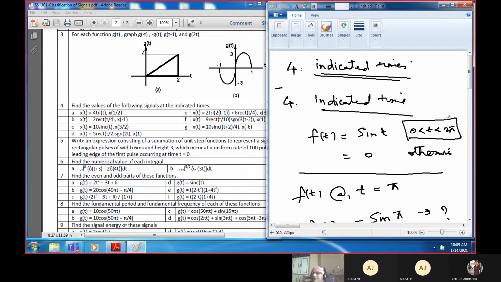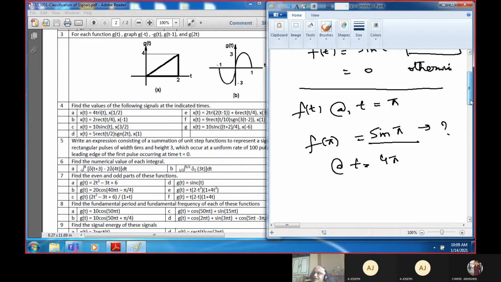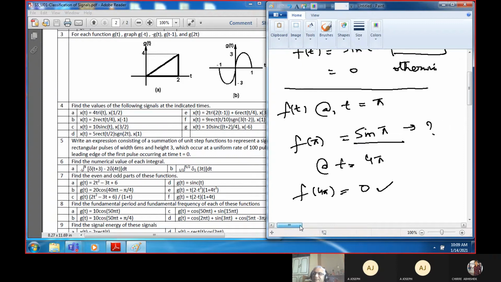Afterwards everything is 0. So because 4 pi is outside the 2 pi limit, you have to put 0, not sine pi. So for all values outside 2 pi, the value at 4 pi will be equal to 0. And the sine pi value you have to put for f of pi. Like this, it's a very simple exercise.